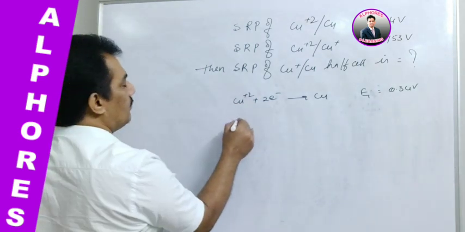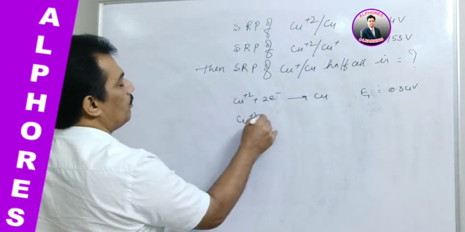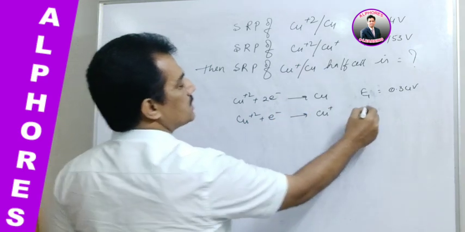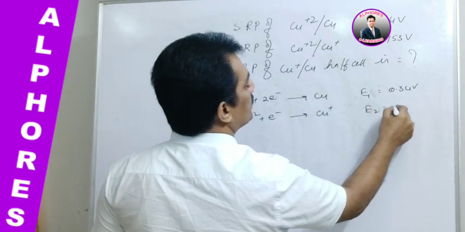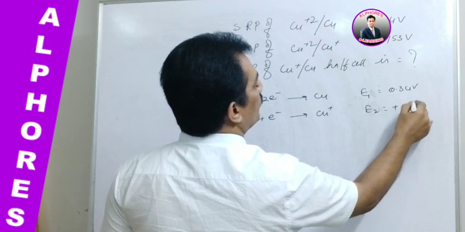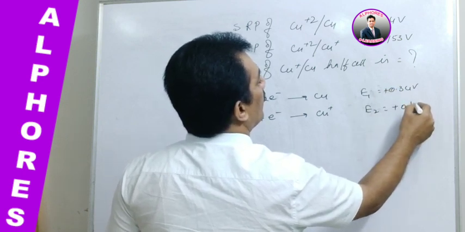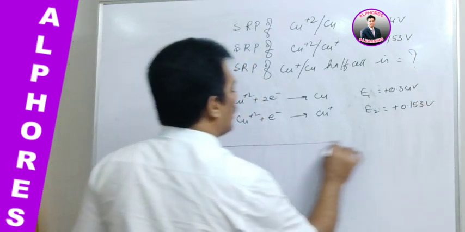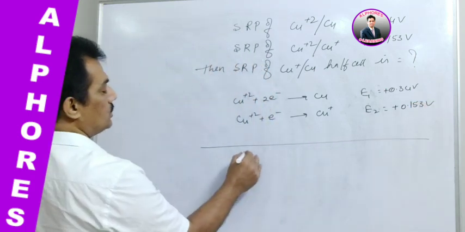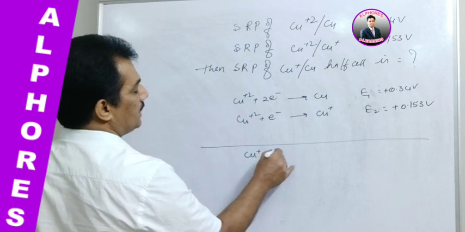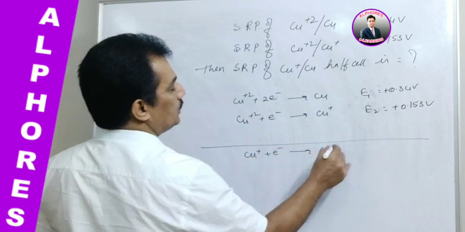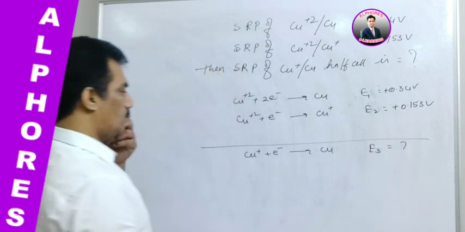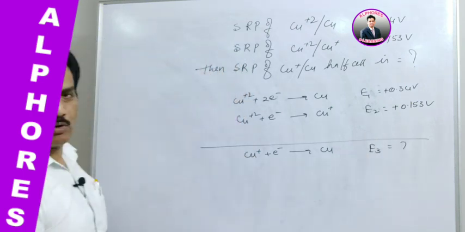And the second one, Cu+2, by taking 1 electron, is reduced to Cu+. Here E2 value is given as +0.153 volts. And now what they are asking is Cu+, by taking an electron, is reduced to Cu. If it is considered to be E3, how much is that E3? This is the question.